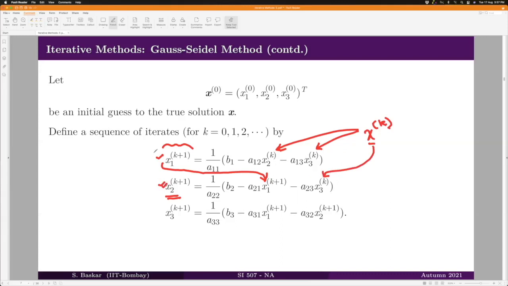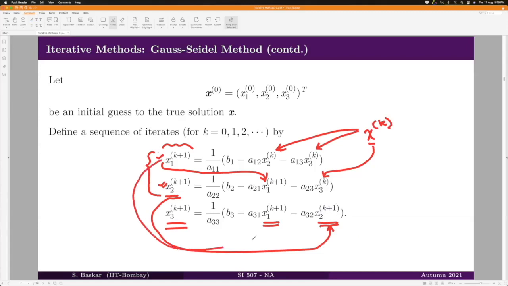But once you compute x1 and x2 at the k plus 1th iteration, then x3 will be fully computed with your k plus 1th information, that is x2 of k will be replaced by x2 of k plus 1, and similarly x1 of k is replaced by x1 of k plus 1, and thereby you just hope to get a better approximation. So that gives me x^(k+1).